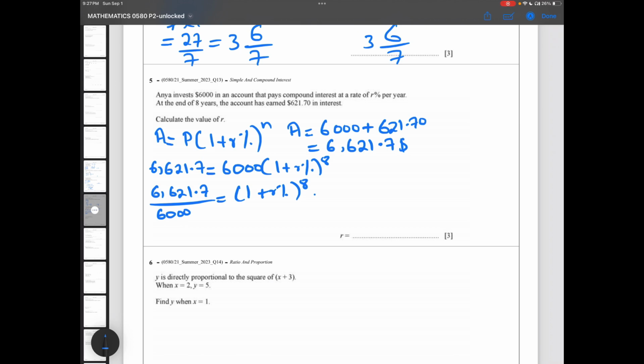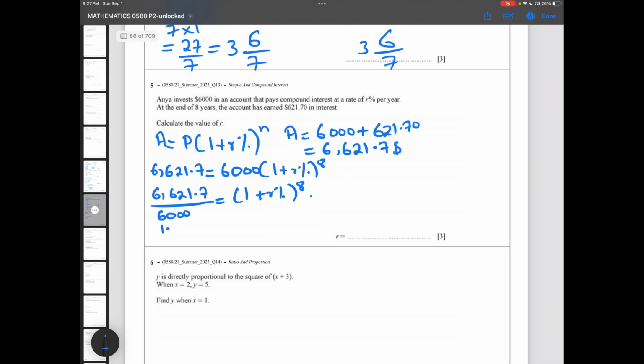So now I will divide 6,621 by 6,000, and I will get 1.104. 1.104 is equal to 1 plus R percent to the power 8.